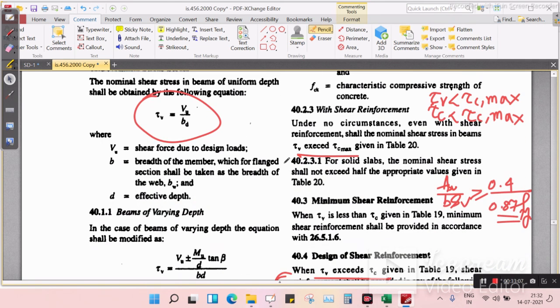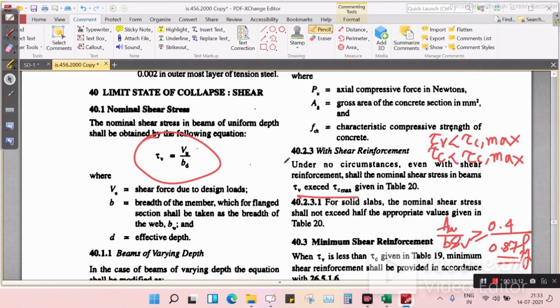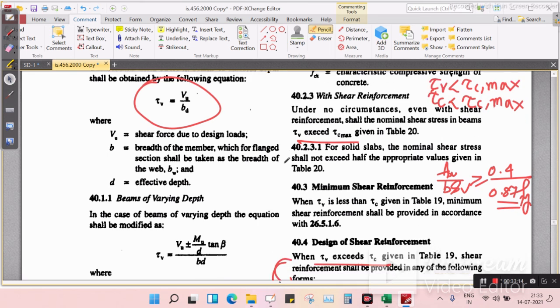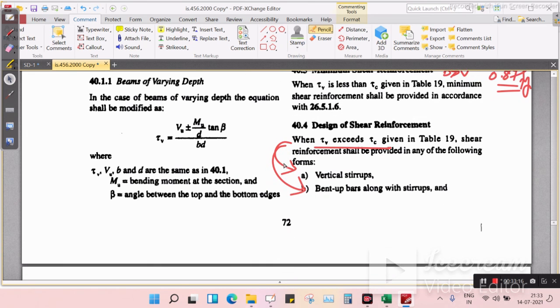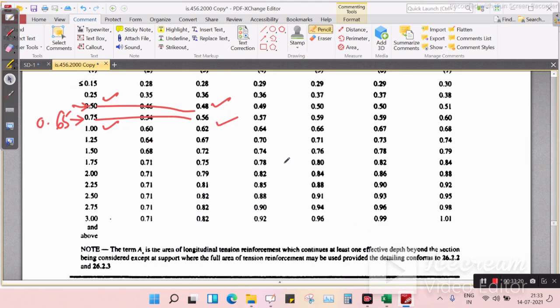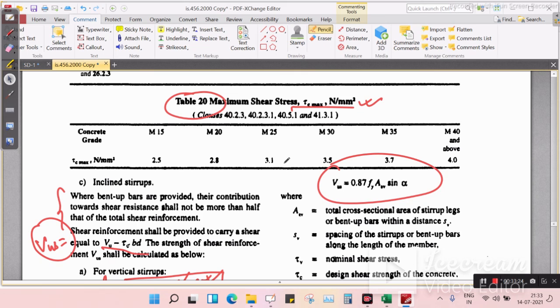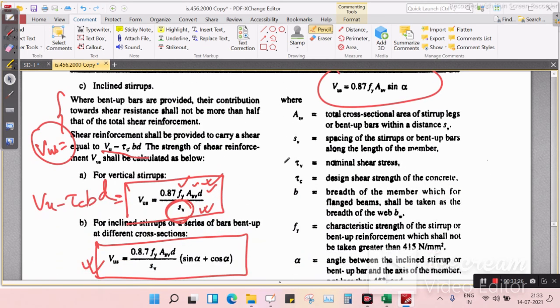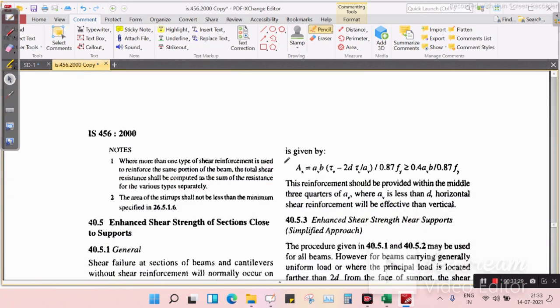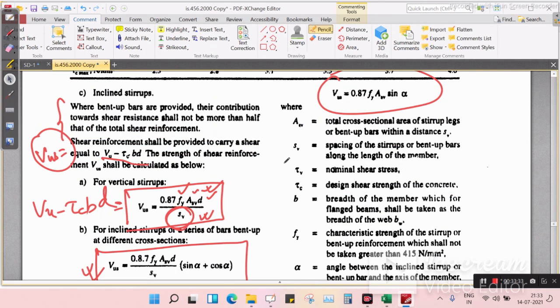You can go to clause number 40, then 40.2.3, then 40.3, then 40.4. Table number 19 for tau c, then table number 20 for tau c max. With this you can design your shear reinforcement for a beam.